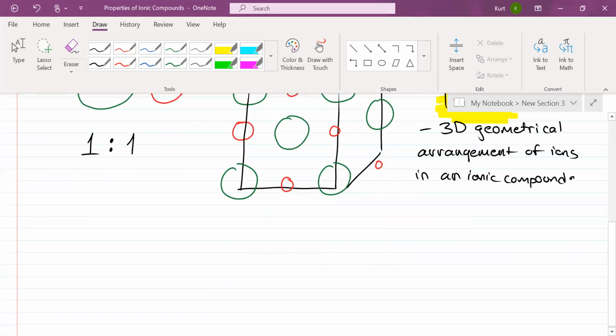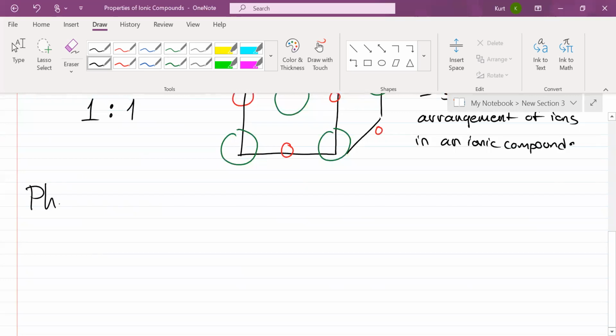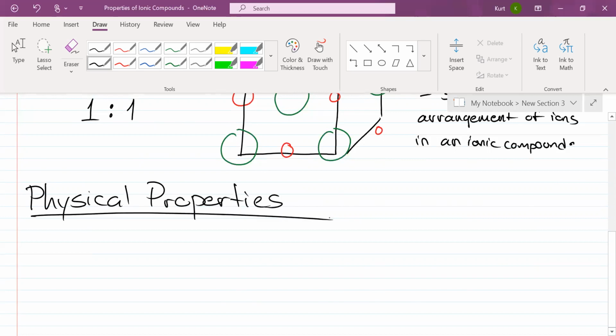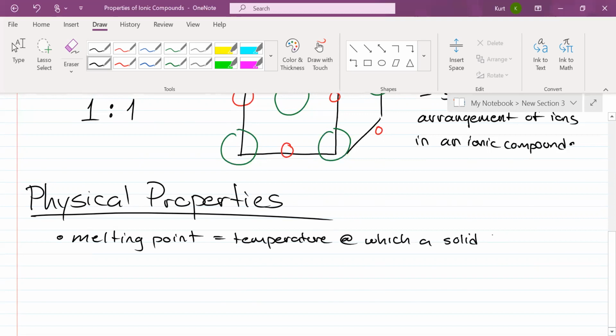All right, moving on. Let's go to physical properties of these compounds. Some physical properties include melting point. This is the temperature at which a solid becomes a liquid.